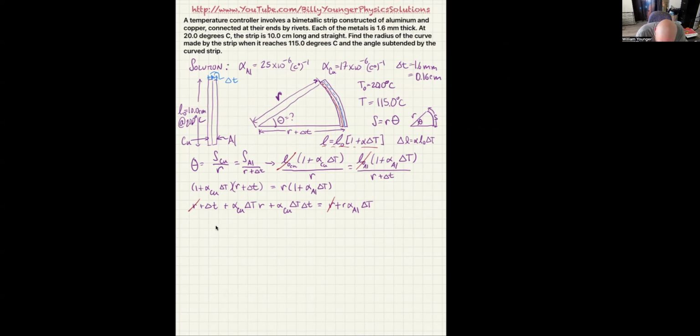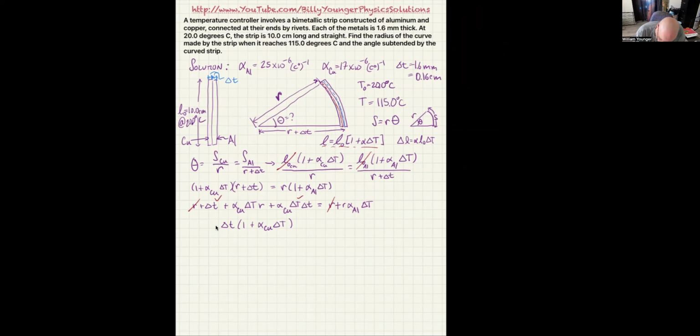So on the left-hand side, what we get is delta T times 1 plus alpha copper delta T, and that takes into account this term, the alpha delta T term, and it also takes care of this term, which is just the delta T term.